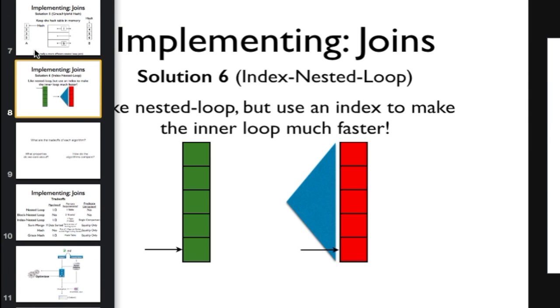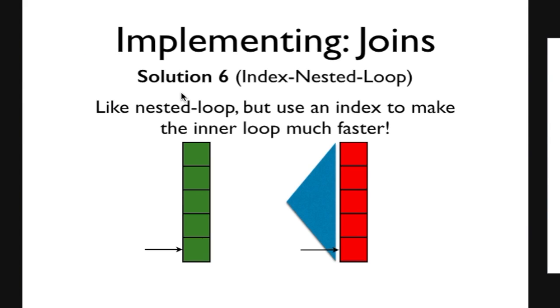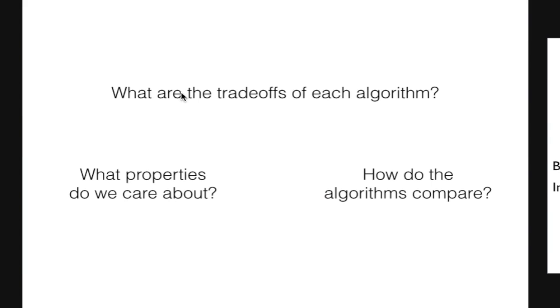All right, so I've just given you 6 different join algorithms. Why do you need 6? Isn't one good enough? When would you use one algorithm or the other?